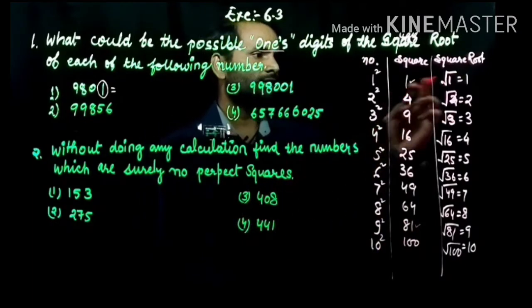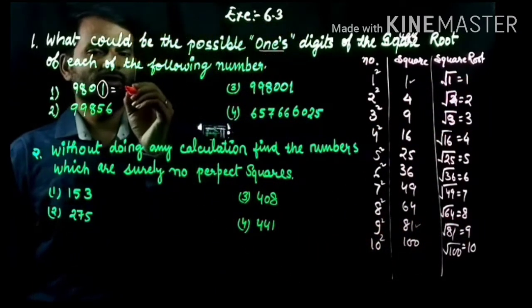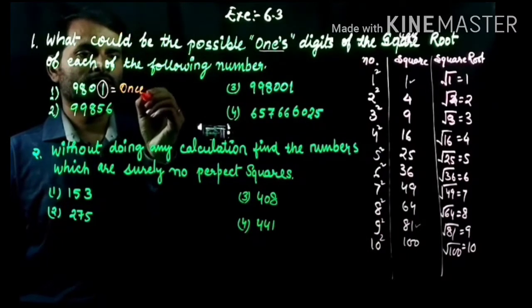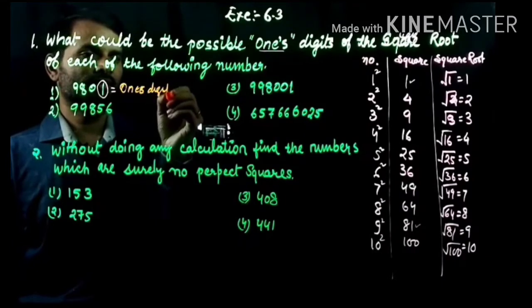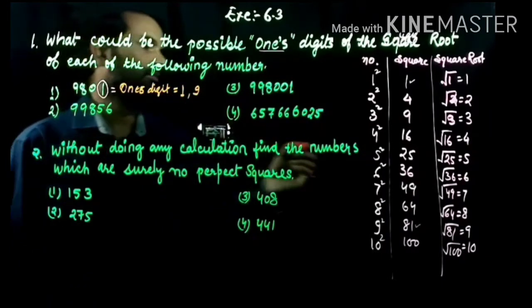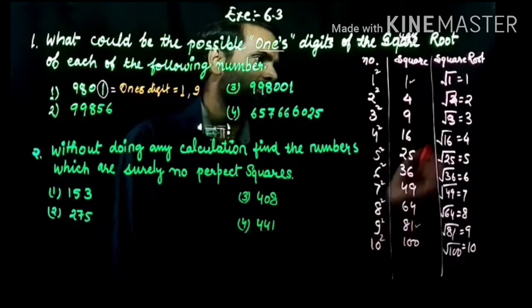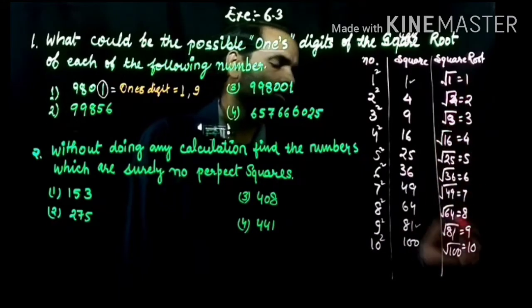The square root is 1 and 9. The ones digit is 1 and 9, because the square's unit digit is 1 and here also 1, so the square root is 1 and 9.